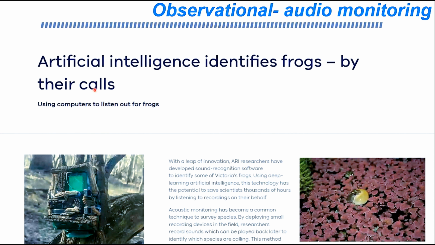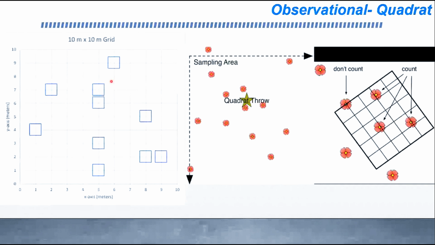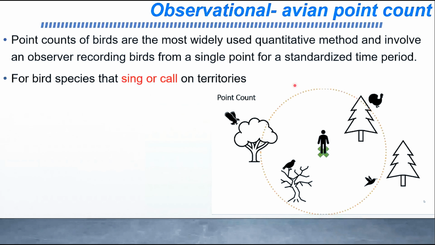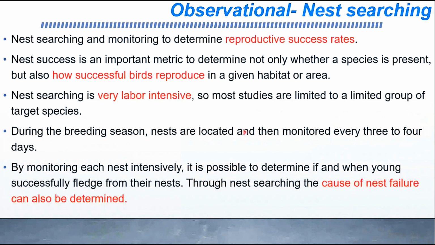Now, if you go back to the direct observational ways, you have to come every time to check what kind of animal was present in a particular quadrant, or walk from year to year, every day going through rough terrain, standing for long periods of time, observing and recording the calls. Here you have to map the entire territory.